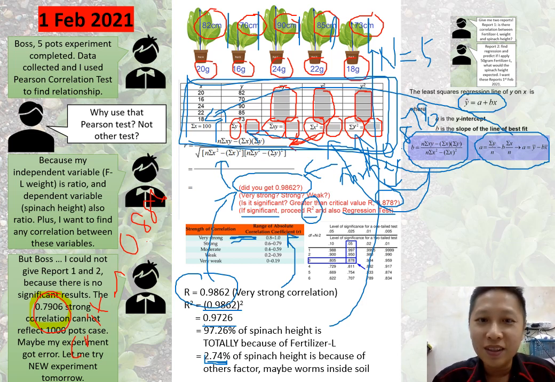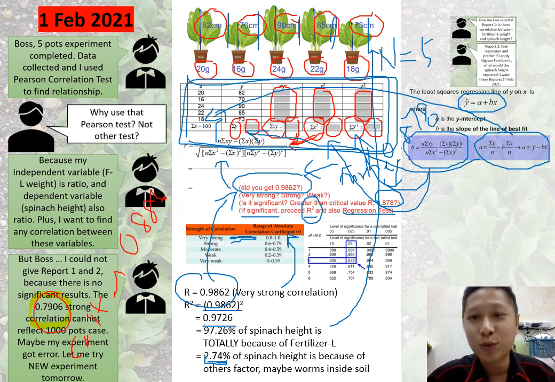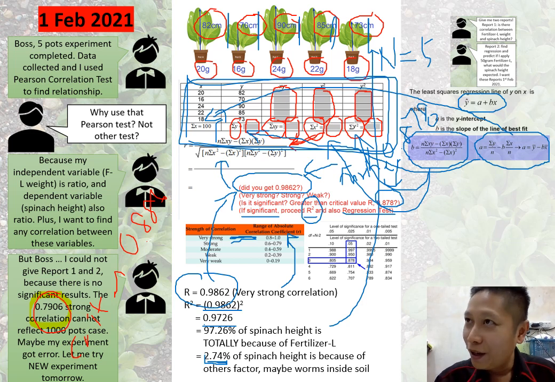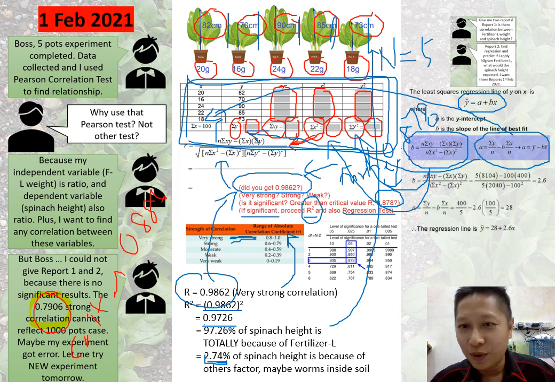Quickly create this table and then quickly define the summation of x, summation of y, xy, x squared, y squared. And then pull back the formula of the regression, the correlation, then you can get the final value there. Okay, let's proceed.